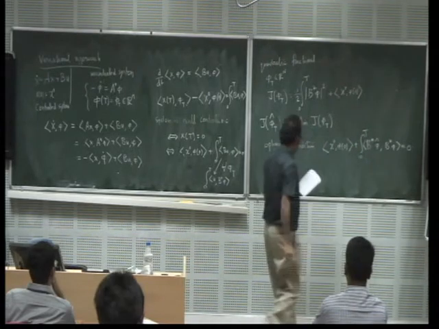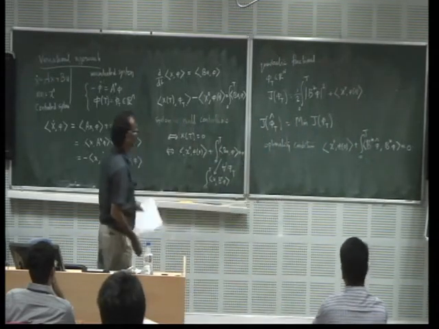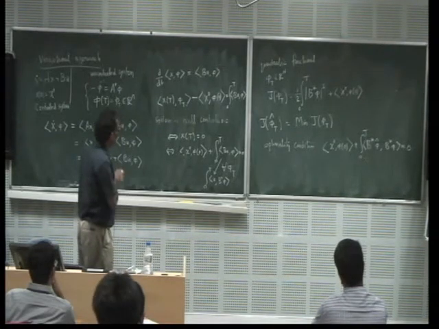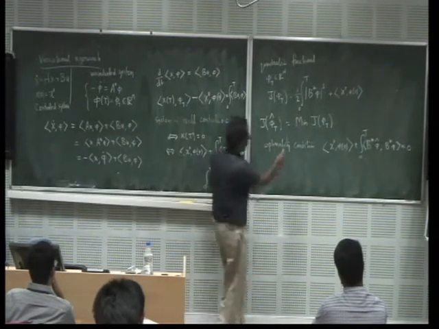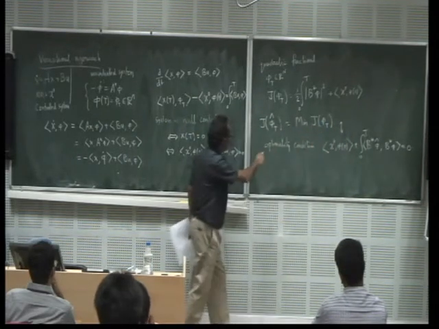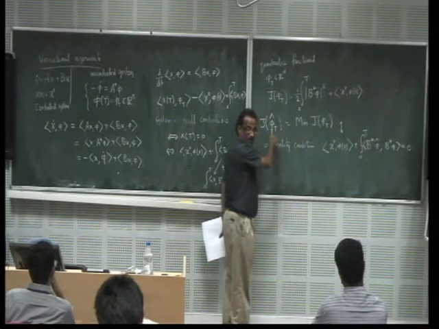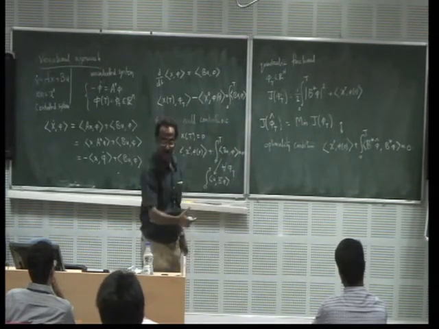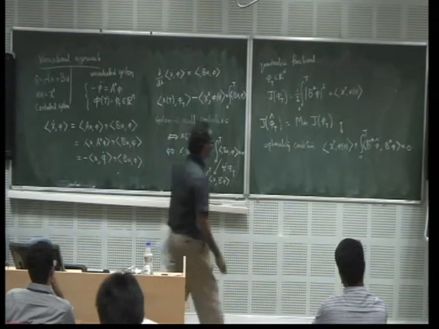That's what you get. You have to do a bit of analysis, whatever I said yesterday. That's not difficult. Since this is a minimizer, you can vary that phi t hat a little bit, do the same analysis and proceed to get that.